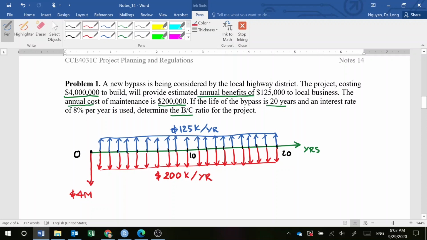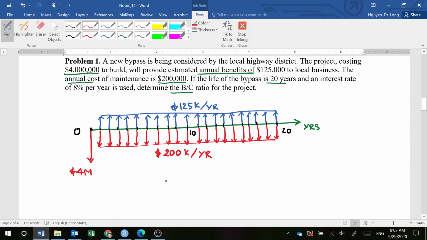As you can see, we always talk about equivalence regardless of which method we use. We have to compare the money at the same time or in the same uniform annuity. There are two ways you can do this.